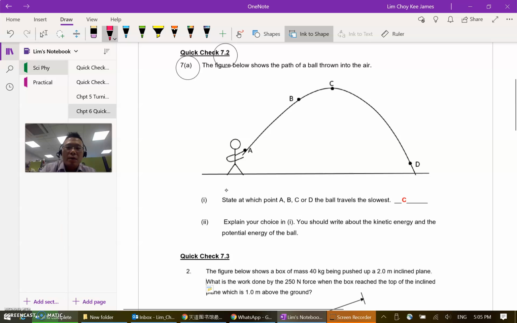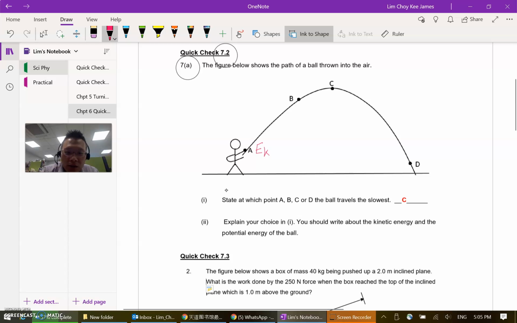For example, if you do an energy analysis for the path of the motion, you'll find at point A, when the ball leaves the hand of the man, the energy possessed at this instance is only EK, kinetic energy. That's the most obvious one. But kinetic energy is not the only energy, because at this point in time the ball is at a certain height above the ground.